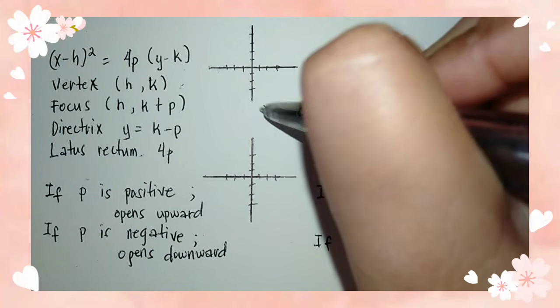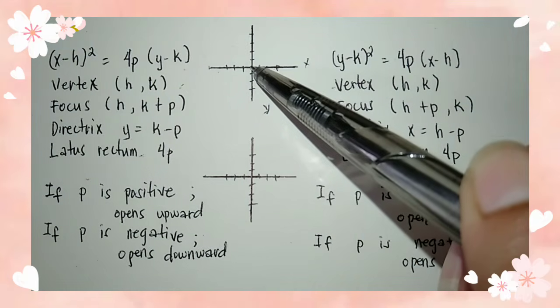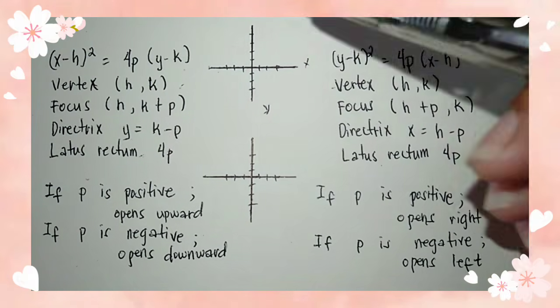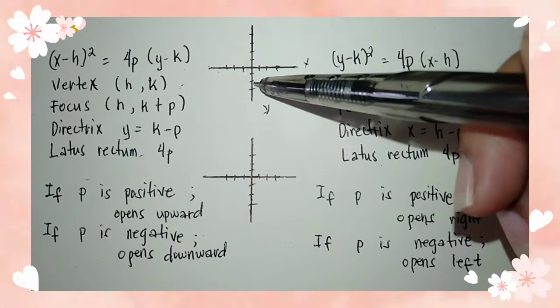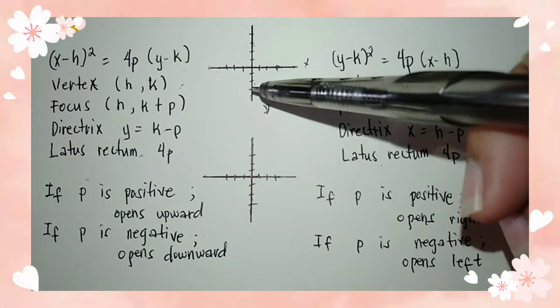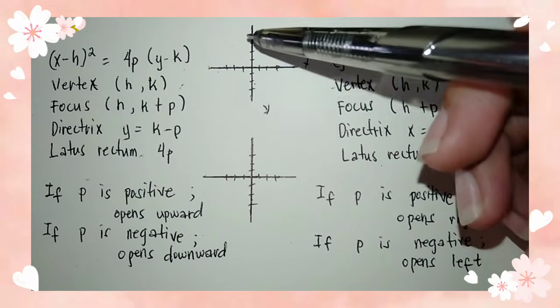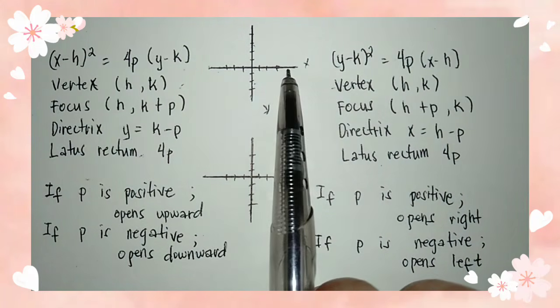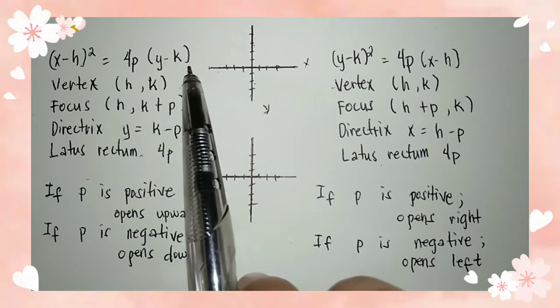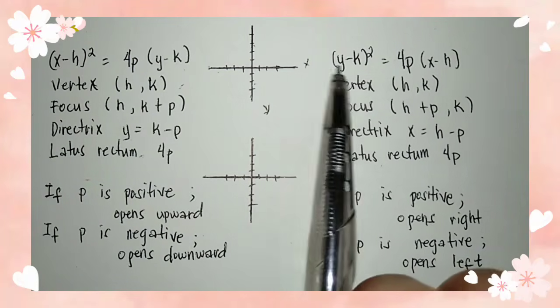Okay? And of course, alam naman natin na pinakagitna dito is the origin or yung 0, 0. Okay? While itong line na to, it composed of positive and negative numbers. So, sa pababa is negative and sa pataas naman is positive. While, dito naman kay x, kay left naman si negative and kay right naman si positive.